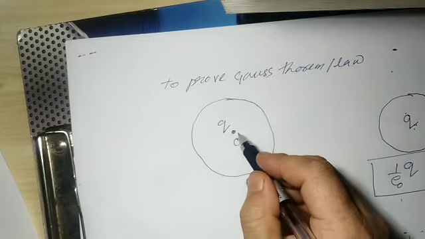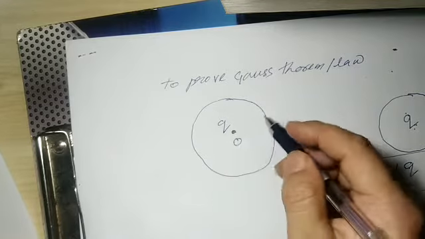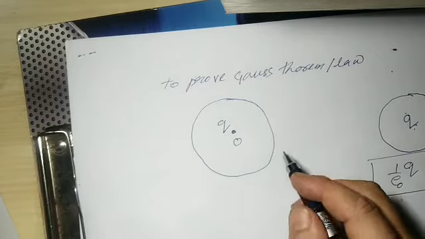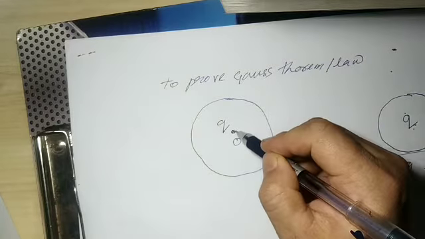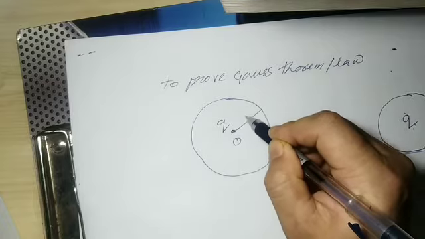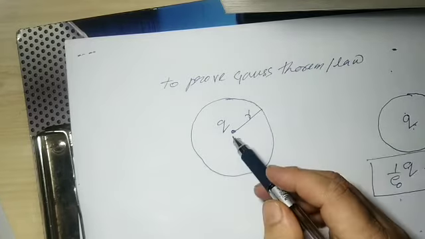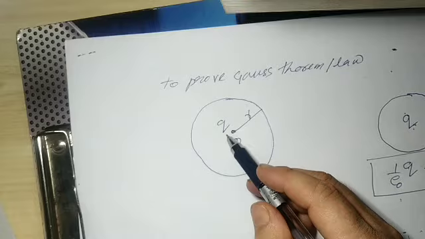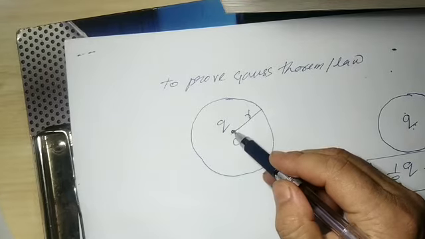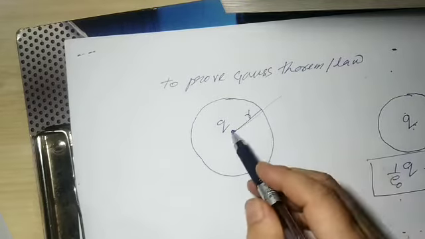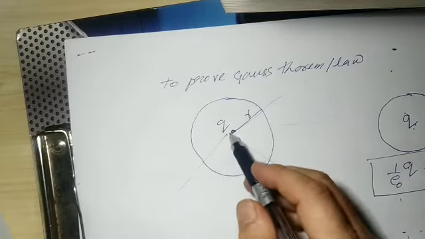At the center of the sphere, let's say the radius of the sphere is r. Due to this charge, the electric field lines are radially outward, like this.